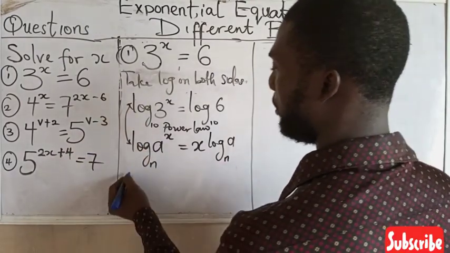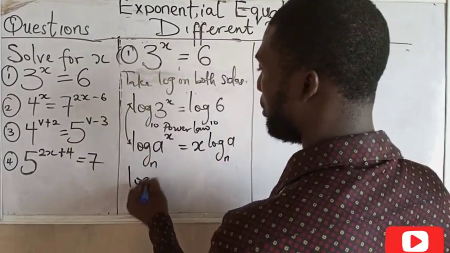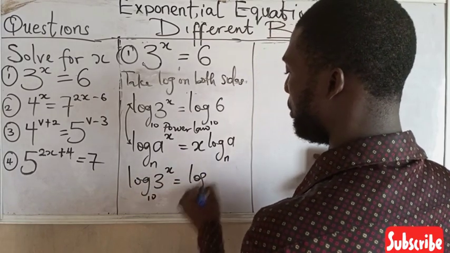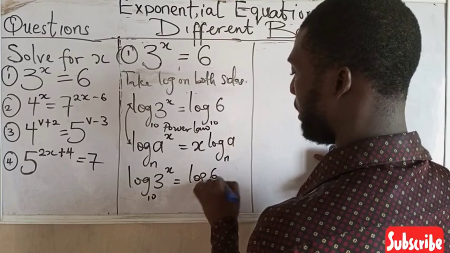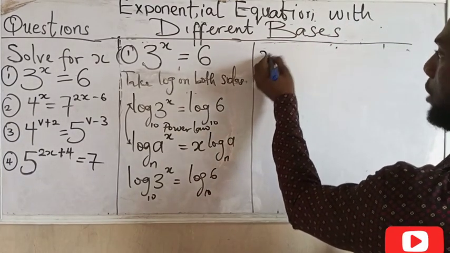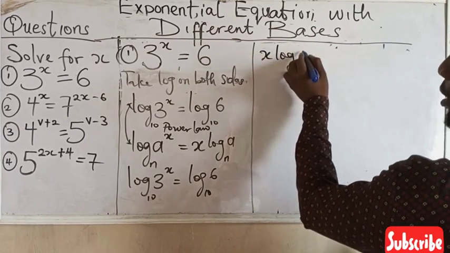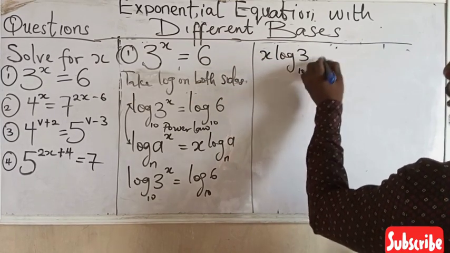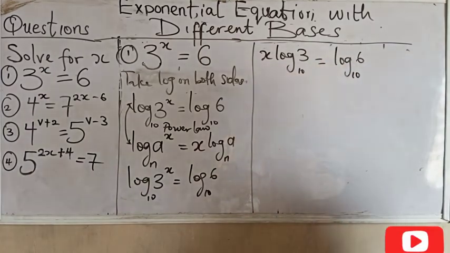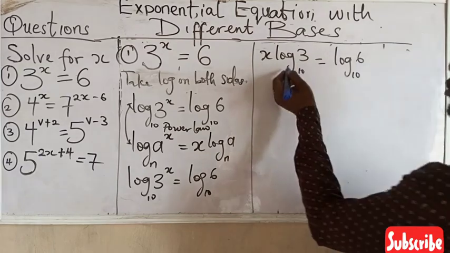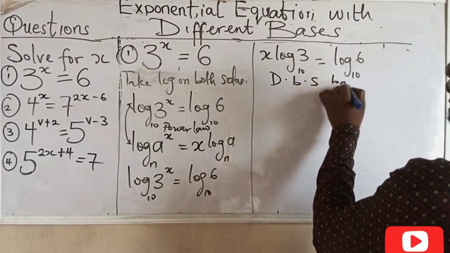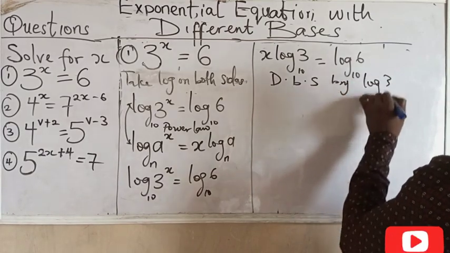So from here, I'll write this again: log 3 raised to power x base 10 equals log 6 base 10. Then from there, I can say this is the same as saying x log 3 base 10 equals log 6 base 10. Then the next thing I'm going to do is to divide both sides by log 3 base 10.